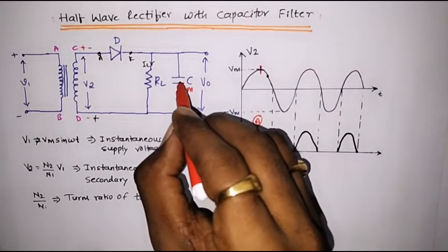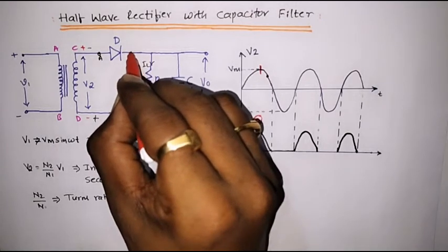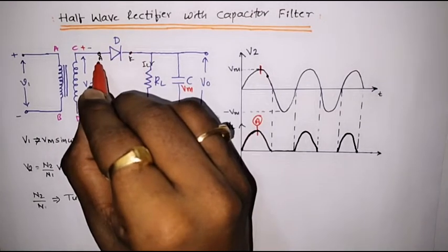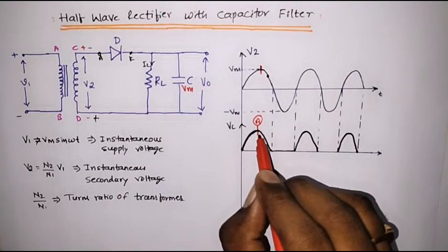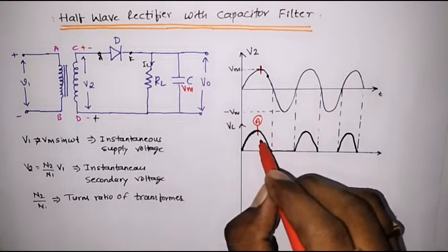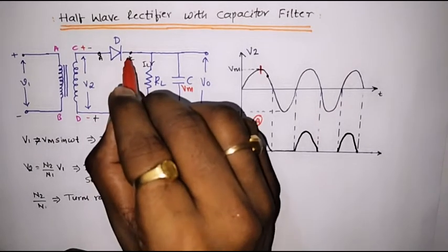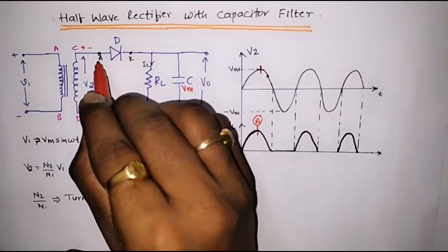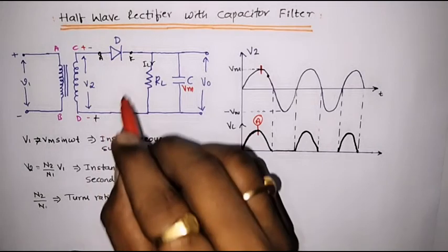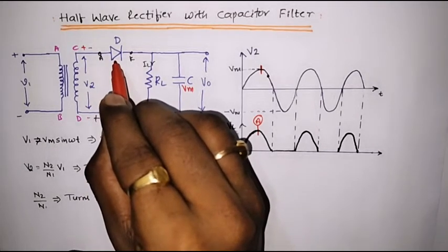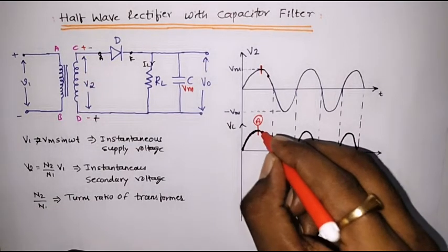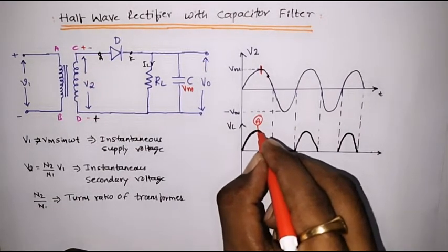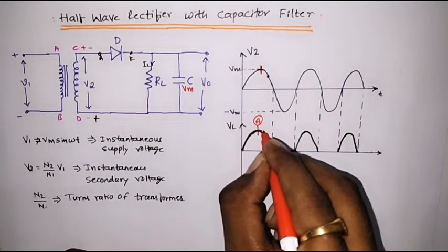Now the cathode becomes more positive than the anode, because the input signal is applied to the anode and the capacitor voltage is applied to the cathode. Therefore the voltage at the cathode is more than the voltage at the anode. Now the diode acts like reverse bias and will not conduct, so the capacitor will start discharging slowly.